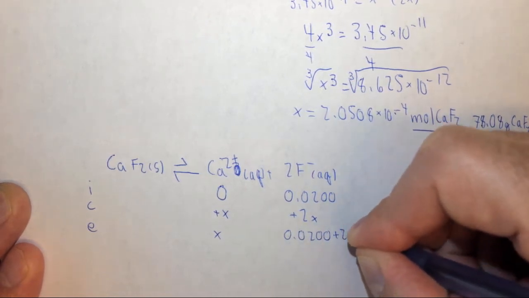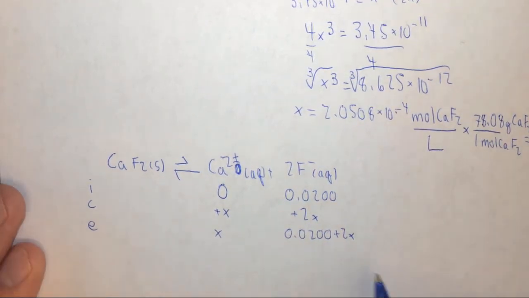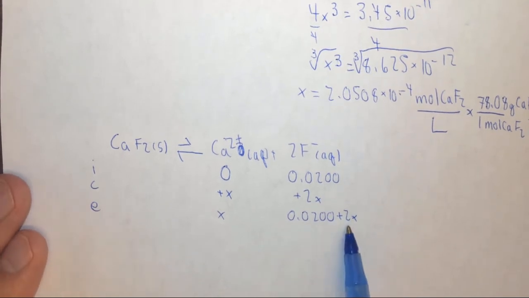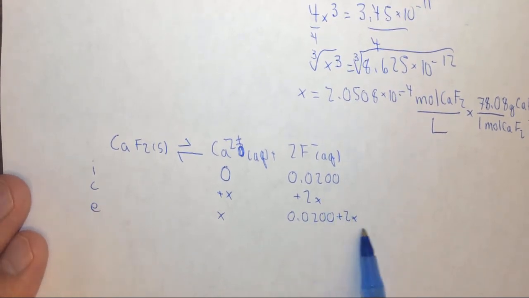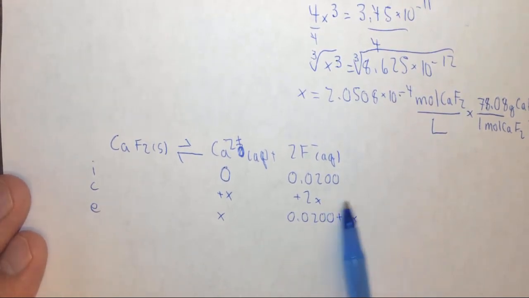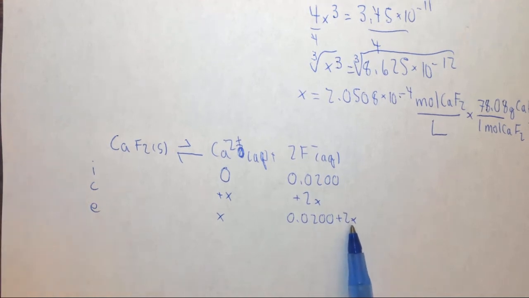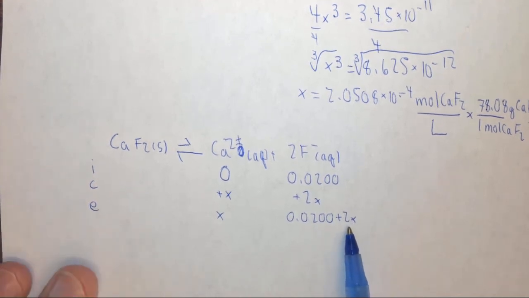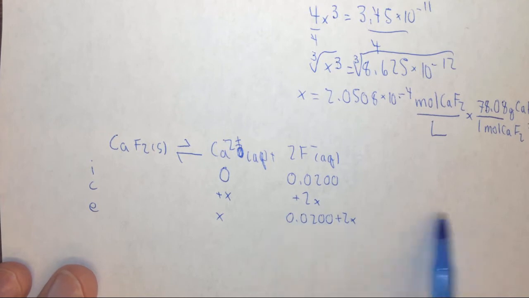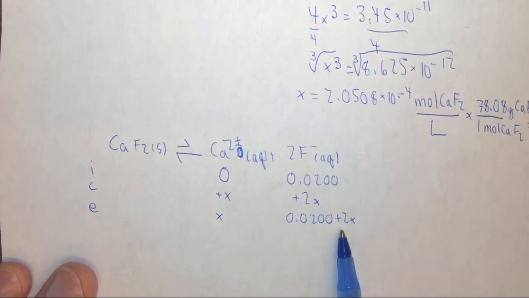and here we get 0.0200 plus 2x. Now, much like we did in previous equilibrium problems, we're going to assume that this x is negligible, or less than 5%. And in the ALEKS examples that I looked at, it always was, which keeps us from having to FOIL it, makes the math easier, and keeps us from having to use the quadratic equation.